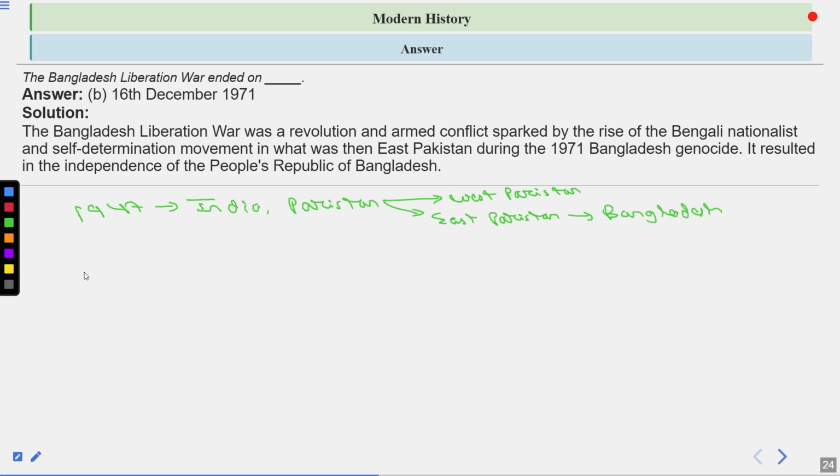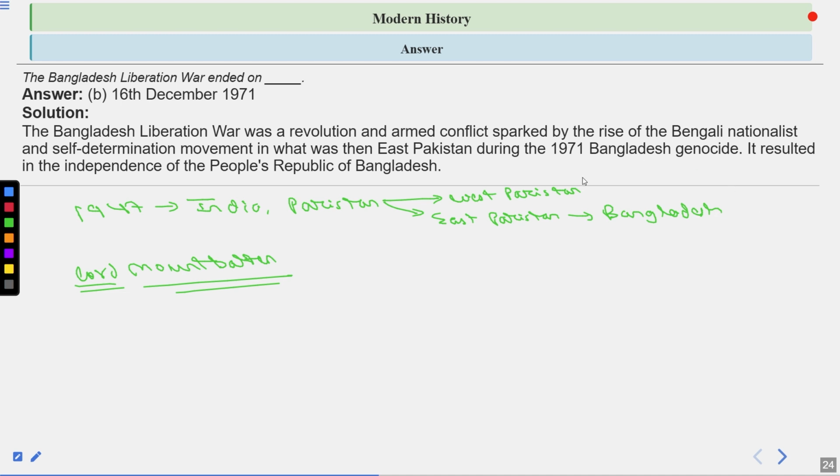So when Lord Mountbatten was the viceroy of the country, he divided India into two parts by dividing the eastern portion and the western portion. The western portion became West Pakistan, the eastern portion became East Pakistan, and the rest became the dominion of India, or the country of India.